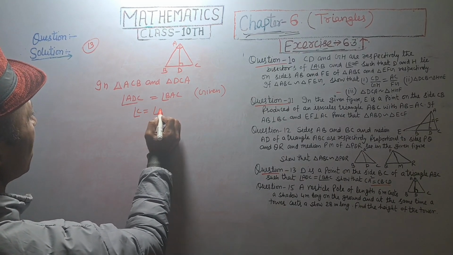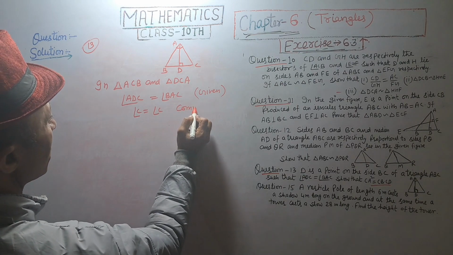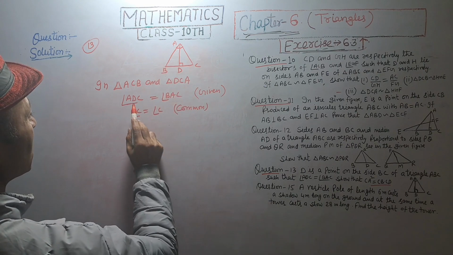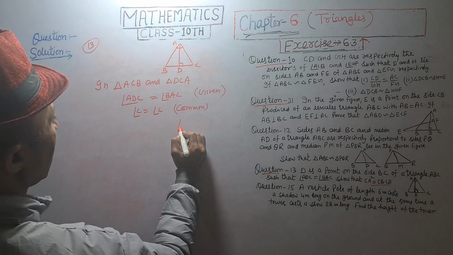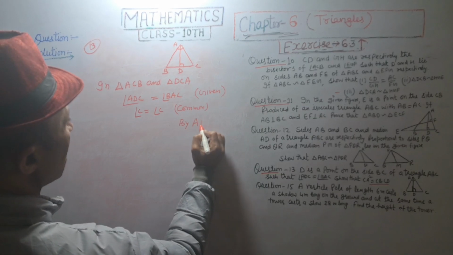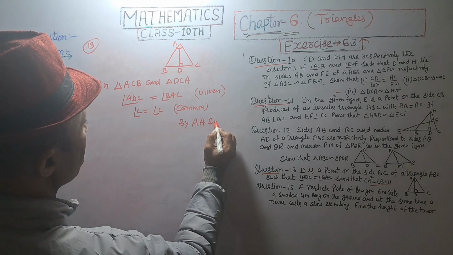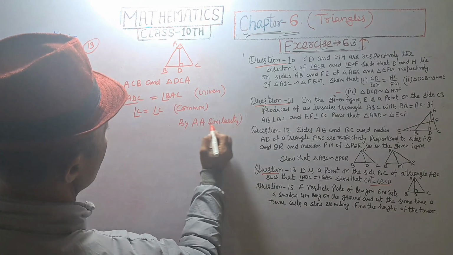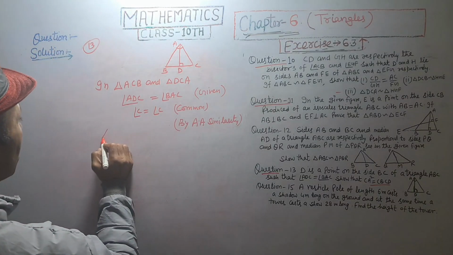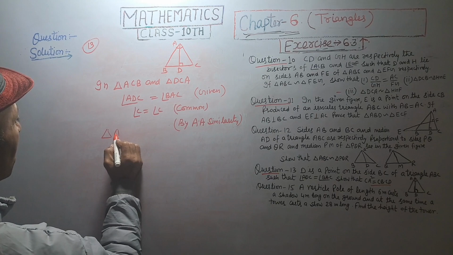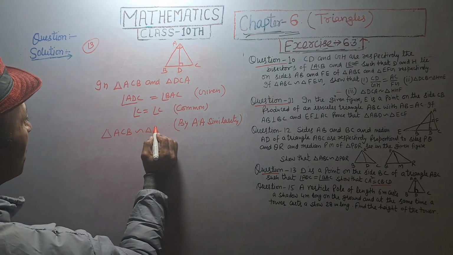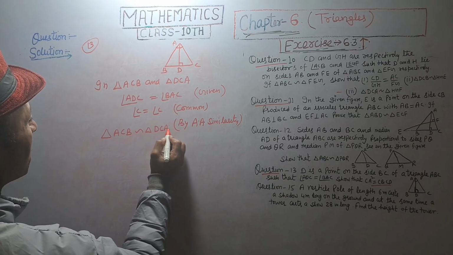Angle C is equal to angle C, common. By angle similarity, we get triangle ACB is similar to triangle DCA.